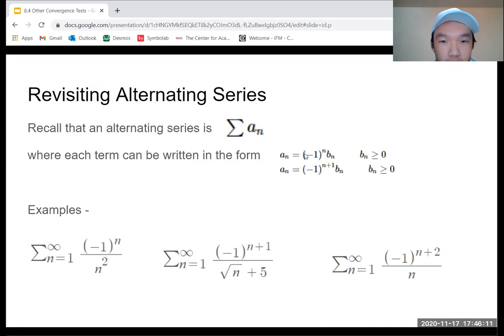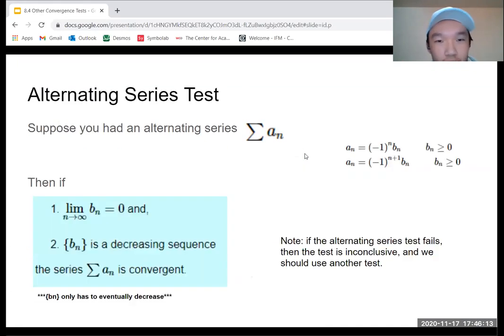So the next test is called the alternating series test. Okay, so let's see what this test says. It says, suppose you have an alternating series, which is what we just looked at. Then, two conditions.